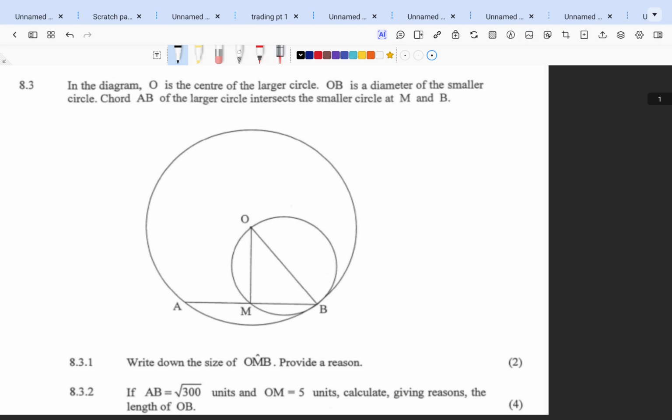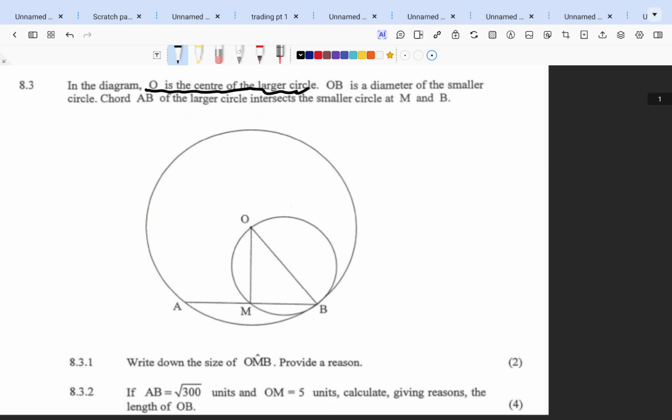So we're going to look at circle geometry. This is from a grade 12 app. It is actually a revision of Euclidean geometry of grade 11. So they say that in the diagram, O is the center of the largest circle. So I would like to underline that, please. O is the center of the larger circle, not the small one, the large one.